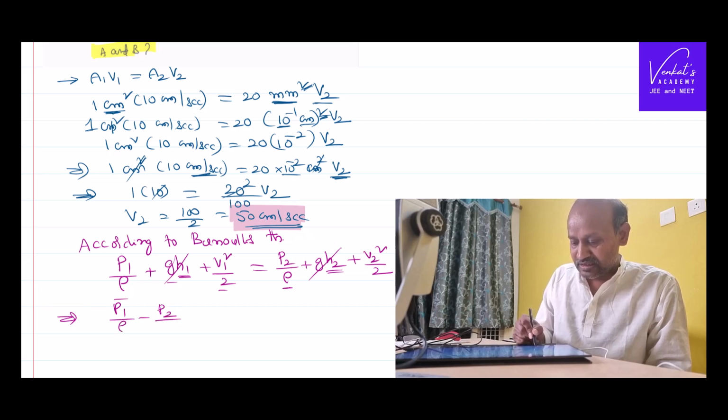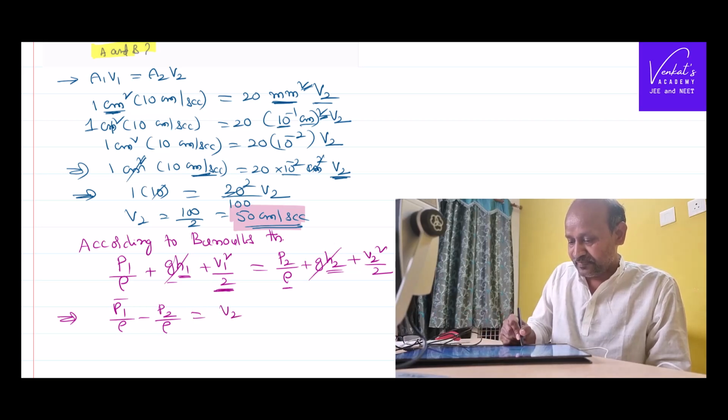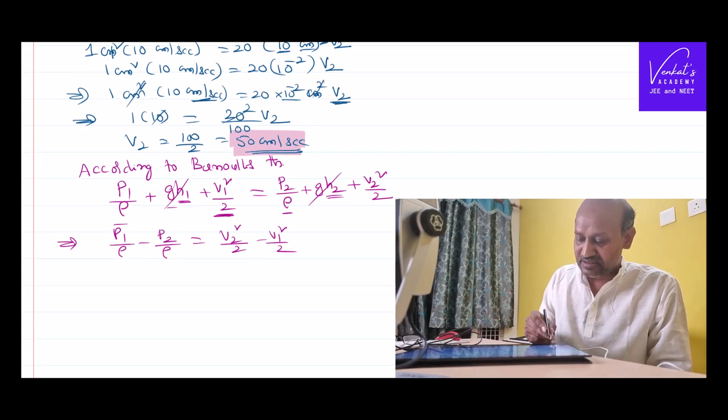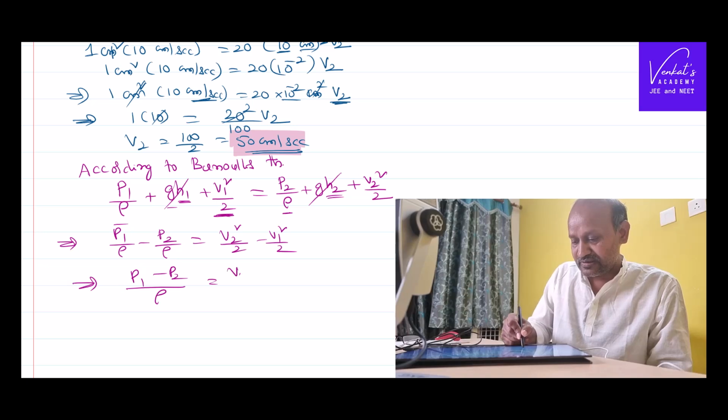Take P2 by rho to this side, minus P2 by rho. Take this V1 square by 2 to the other side. That is V2 square by 2 minus V1 square by 2. So if you simplify this a little, P1 minus P2 by rho equals V2 square minus V1 square by 2.